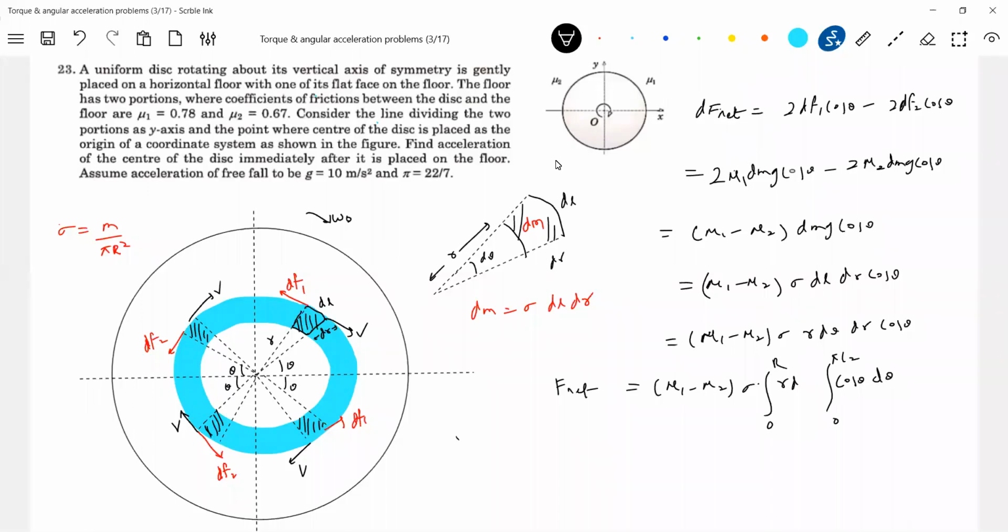Then the simplification will be mu1 minus mu2 sigma g, this will be r square by 2, and the integral of cos theta will be sin theta from 0 to pi by 2.